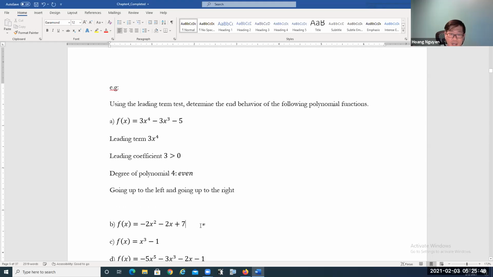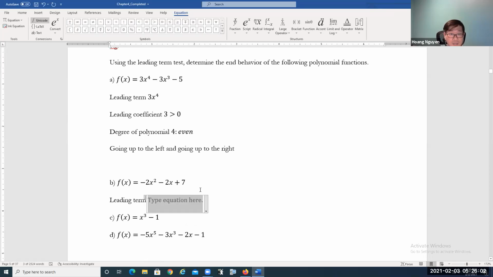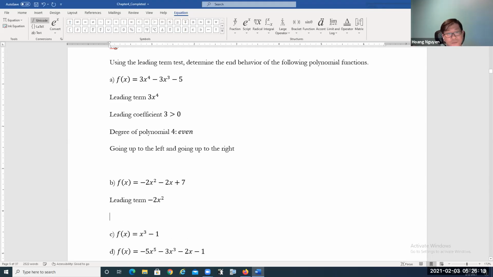Now part B, let's try it together, everyone. Once again, before we can determine the end behavior, we have to identify the leading term. So what's going to be the leading term for this given polynomial function, negative 2x to the power 2 minus 2x plus 7? The leading term is going to be negative 2x to the power 2.